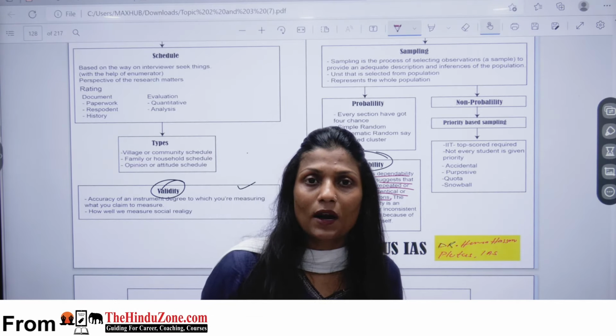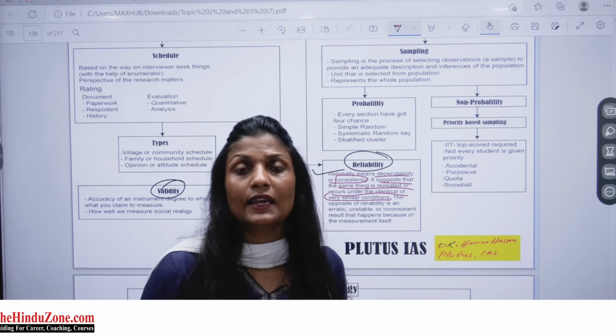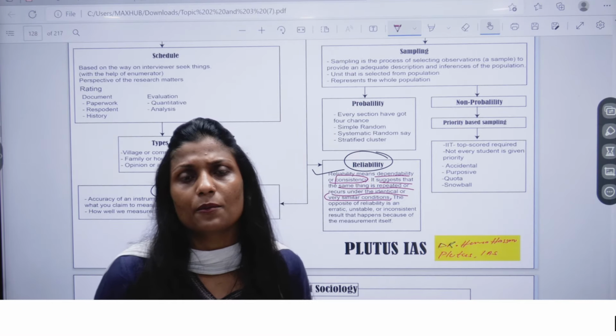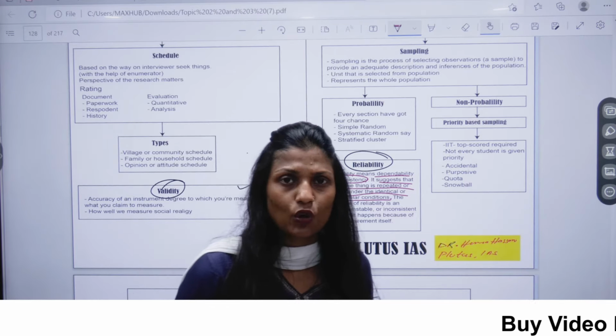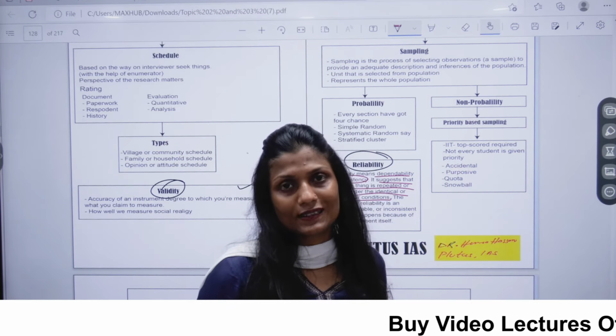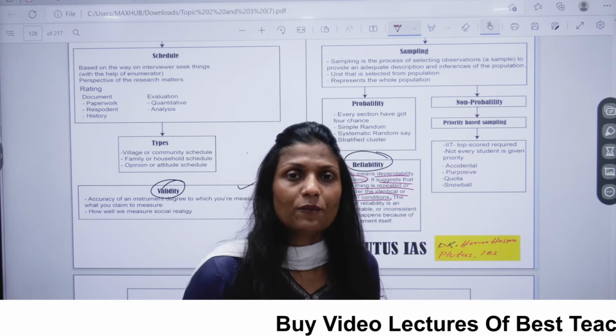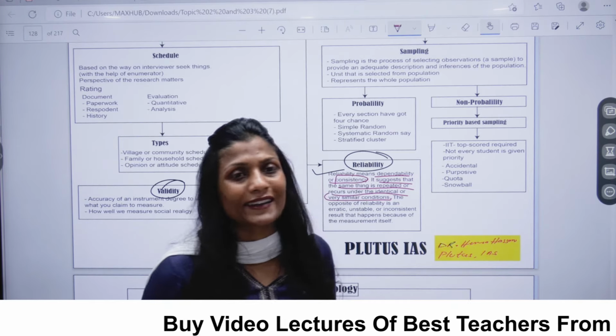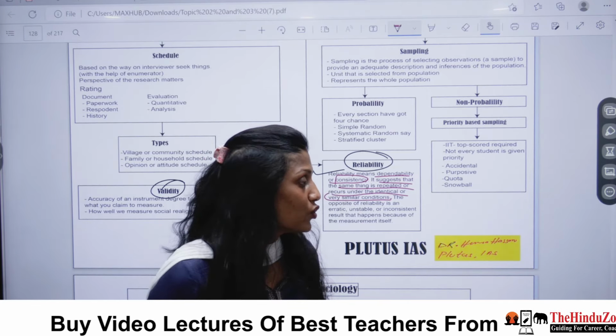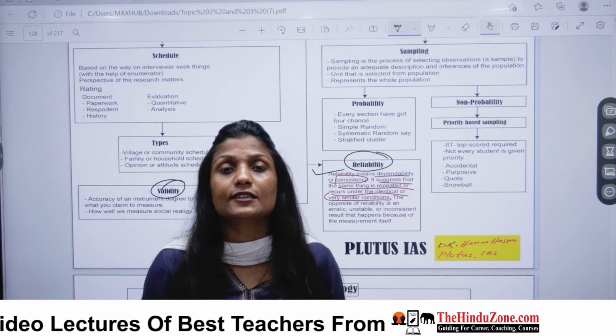Let's just say Dr. Huma Hassan has conducted research on poverty, and someone else, a sociologist, is also trying to understand poverty. We both will have similar sorts of findings. All right, this is what happens when we conduct research.